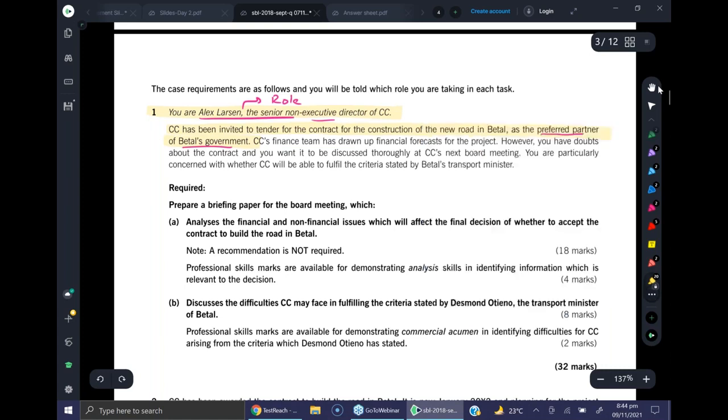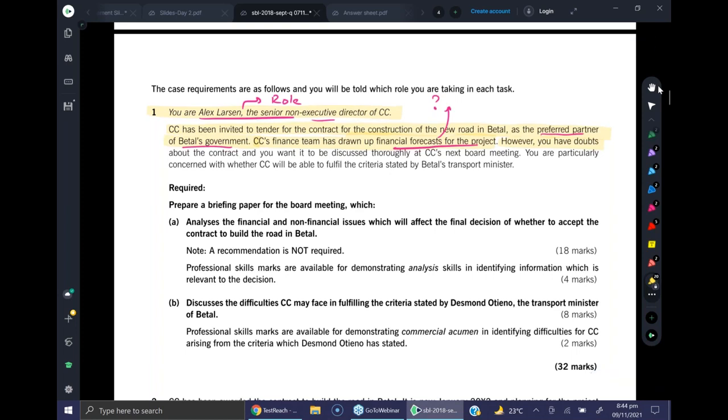CC's finance team has drawn up financial forecast for the project. So here I will underline this and I will say that there is some forecast. So I'll find it out from the exhibits where exactly this forecast is given, right? Okay. However, you have doubts. Who are you? You are Alex Larson, the senior NED of CC, right?